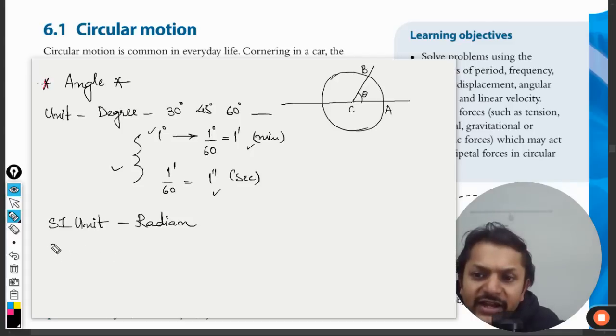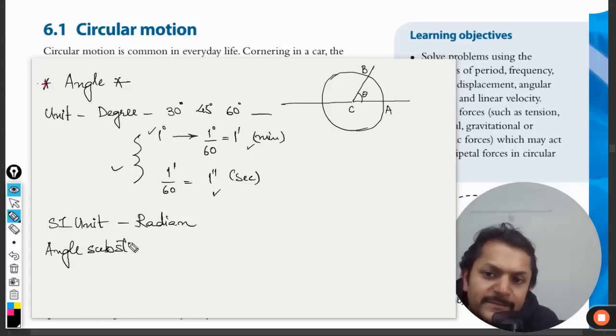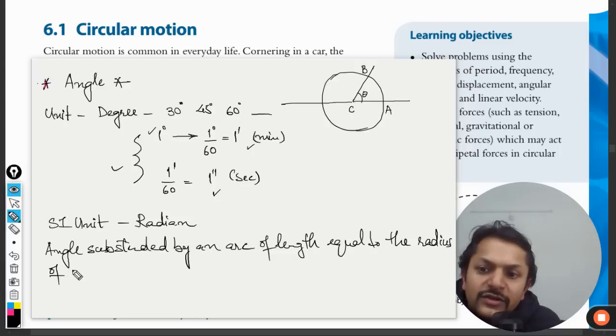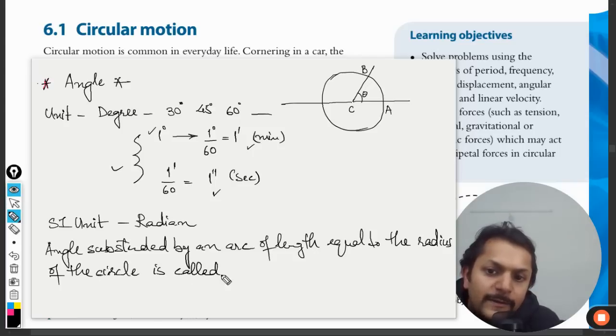Radian is defined as the angle subtended by an arc of length equal to the radius of the circle, is called 1 radian.